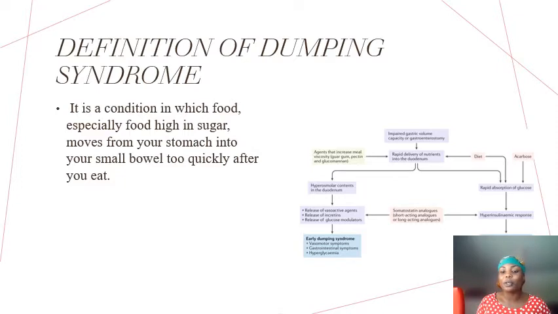It will prompt all the hormonal agents located in the duodenum to come directly and start doing a job that they are not supposed to do. So that's what is happening, and that's what causes early dumping syndrome, which can act as a vasomotor symptom, a gastrointestinal symptom, and hyperglycemia, because your glycemia will show up in your blood, which is not good.